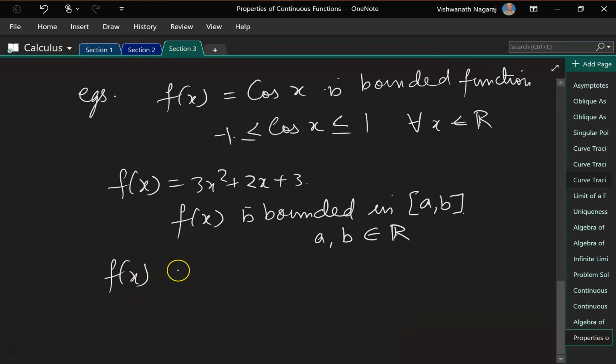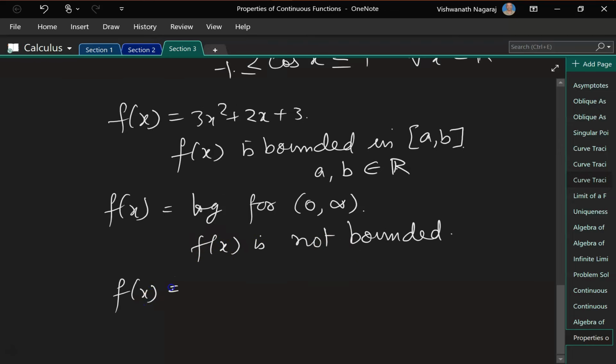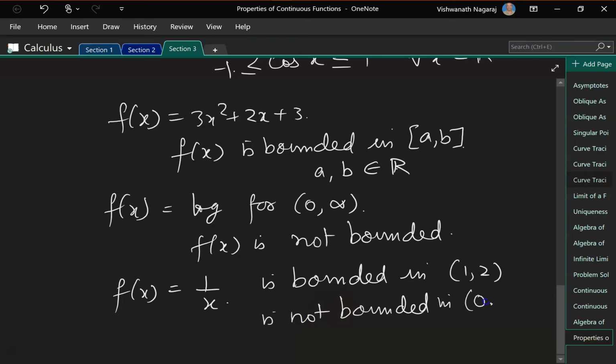Okay, f(x) = log x for (0, infinity). Now here f(x) is not bounded. f(x) = 1/x is bounded in (1, 2) and is not bounded in (0, 1).